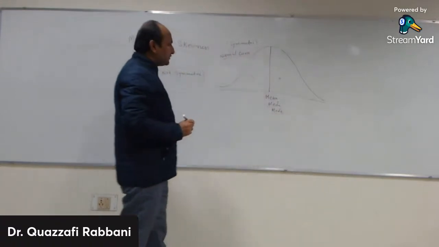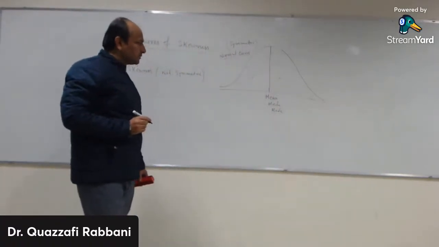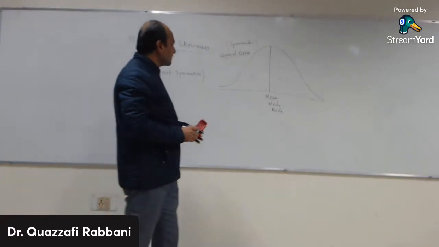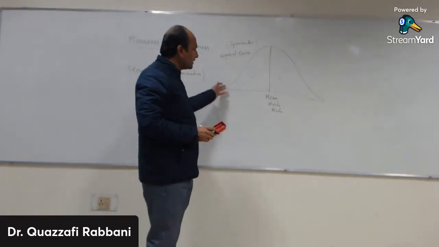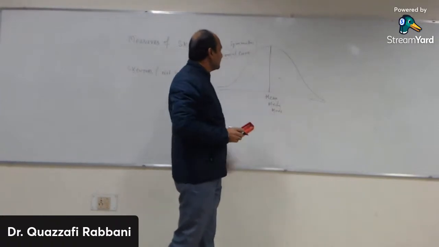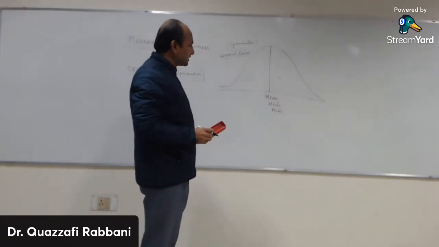If any distribution has equal mean, median, and mode, this distribution is known as normal distribution, and this curve is known as normal curve or symmetric curve.